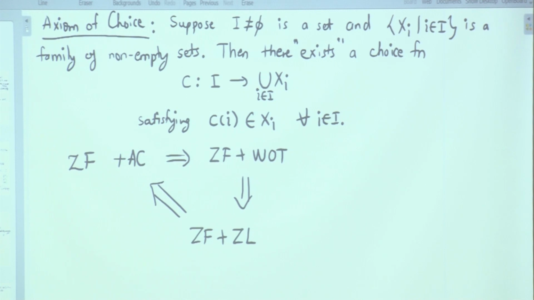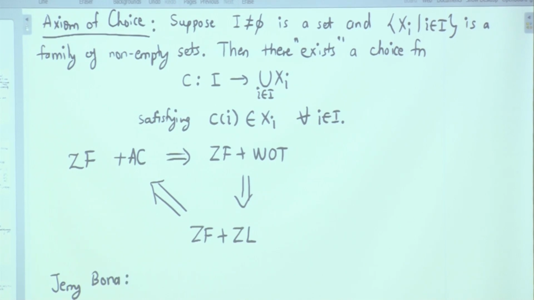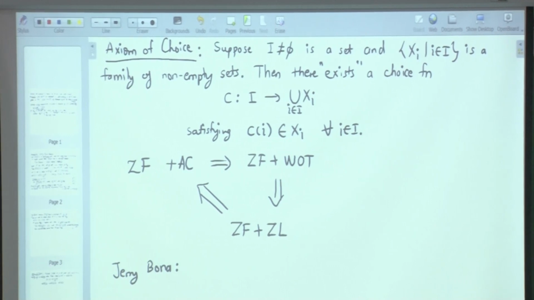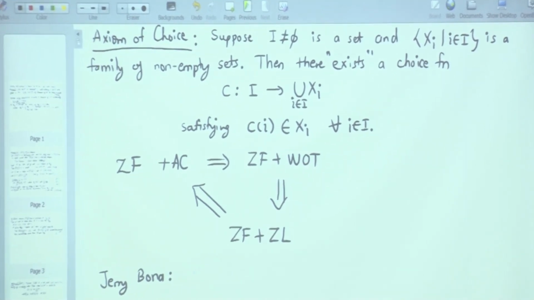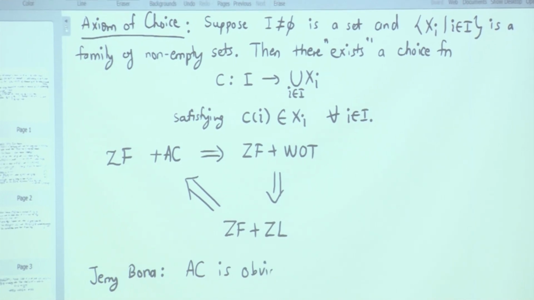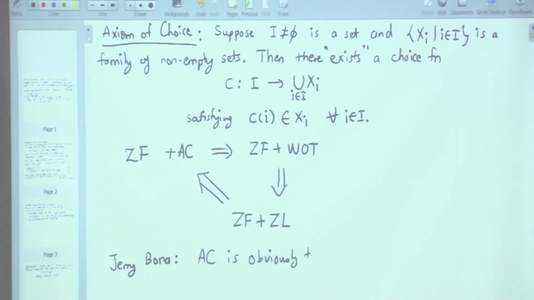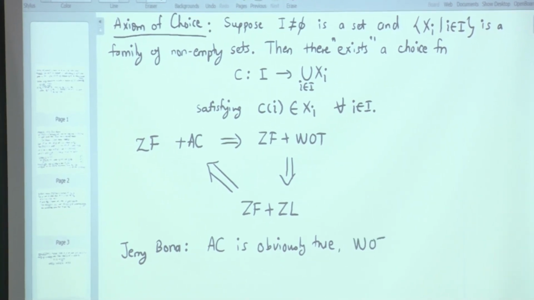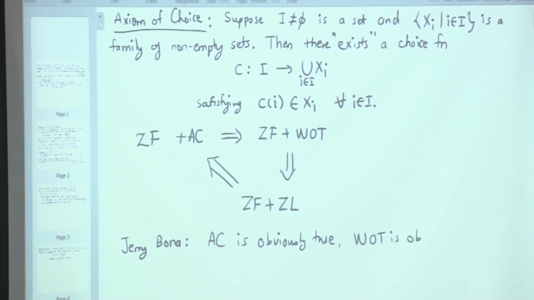So therefore there is a quote. I'm just going to write that quote. This is a joke. Jerry Bona, an American mathematician, made this joke. Axiom of choice is obviously true. Well ordering theorem is obviously false.